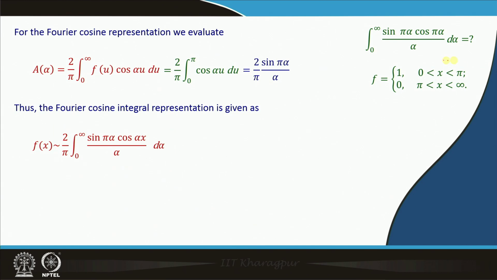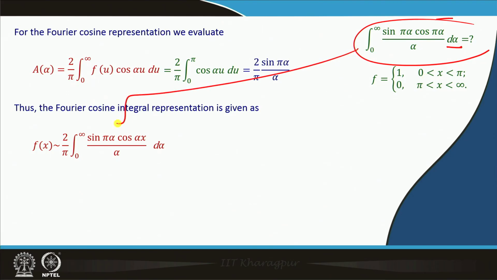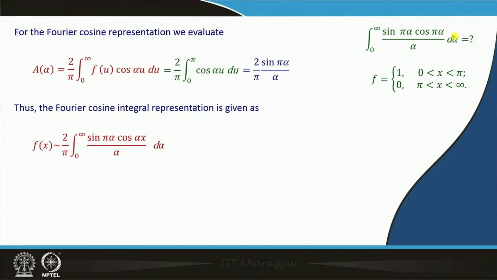And then the question is, what is the value of this integral, which is sin(pi alpha) cos(pi alpha) over alpha d alpha. So, if we compare with this, we have sin(pi alpha), here also we have sin(pi alpha), we have cos(pi x), we have cos(pi alpha). So, if x is substituted by pi, then we get exactly this integral.